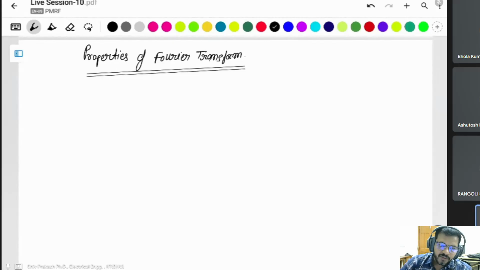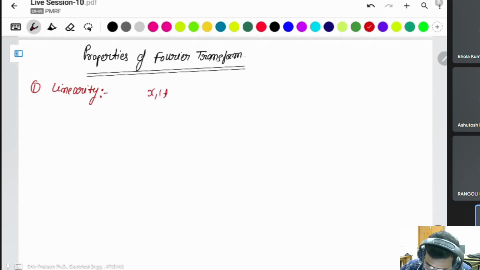Let's start with the properties. The first property is linearity.